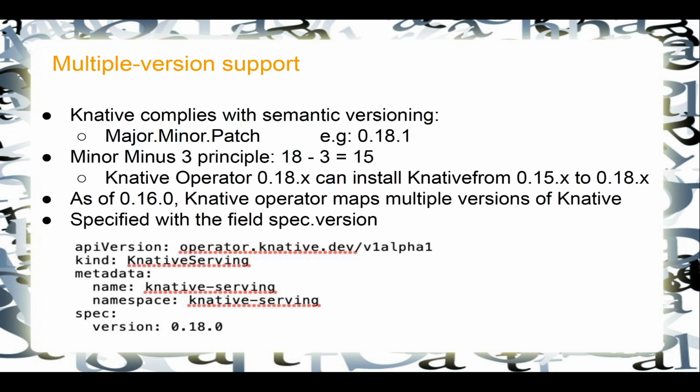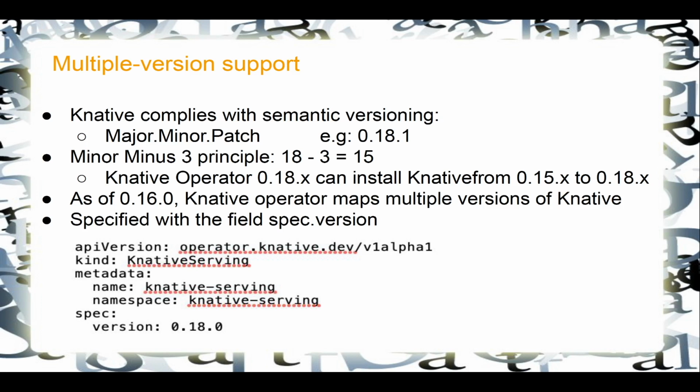Once upon a time, one Knative Operator version only supported one Knative version. But one of the Knative Operator's built-in features now is the support of multiple Knative versions. Knative applies semantic versioning in terms of major, minor, patch, as a version number.